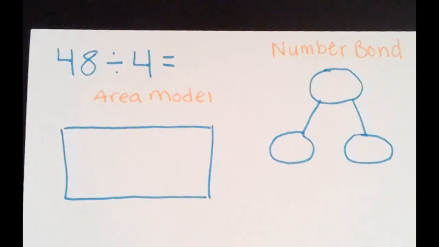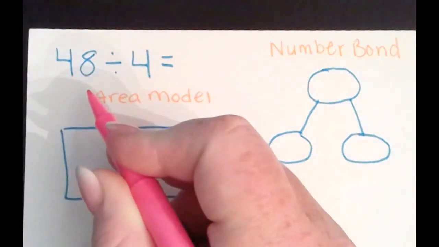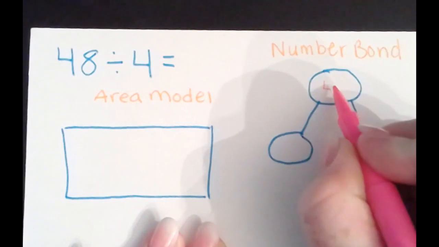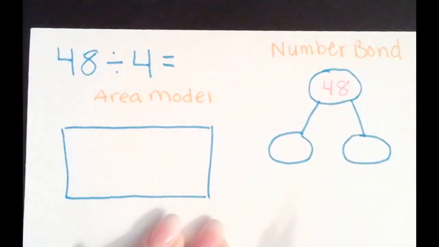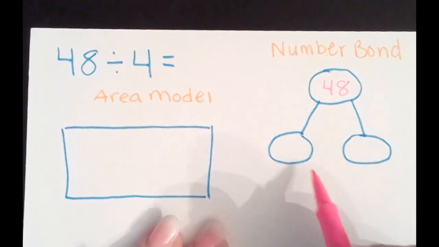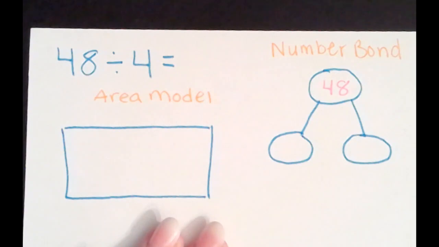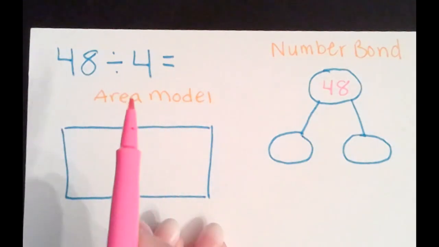And so with a number bond, what you're going to do is decompose your dividend, which is 48, into two numbers that are a little bit more compatible to work with. In order to decide what numbers would be compatible, we have to keep in mind that we are dividing by 4.